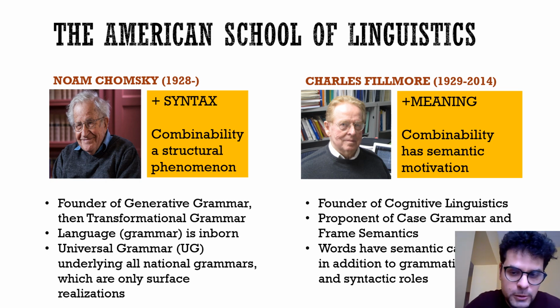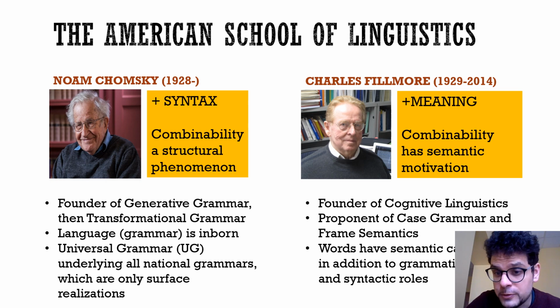You may remember that I talked about Bloomfield, the structuralist linguist, and out of his school, which was very much focused on structure, came Noam Chomsky, who introduced generative grammar, then called transformational grammar, and then universal grammar.